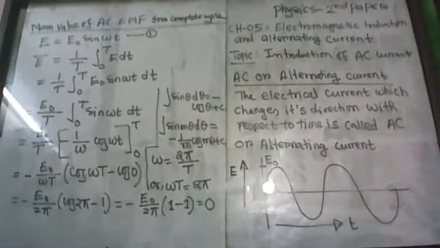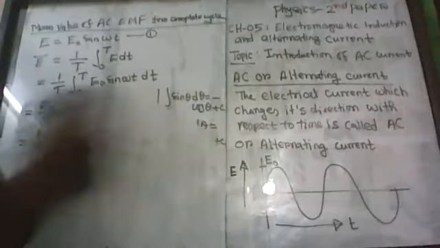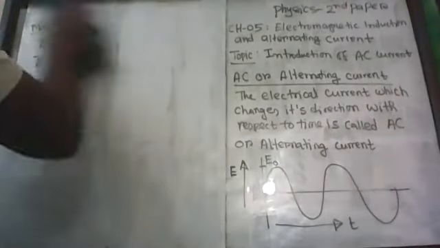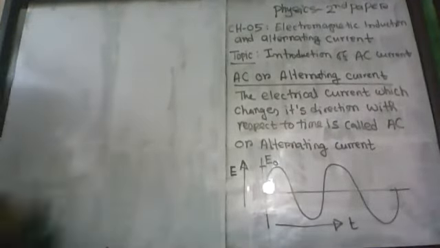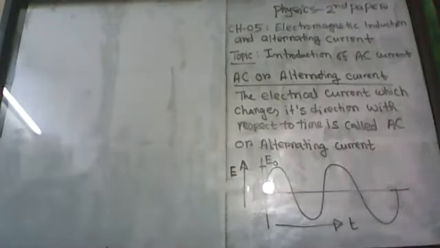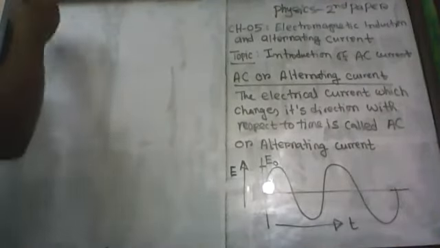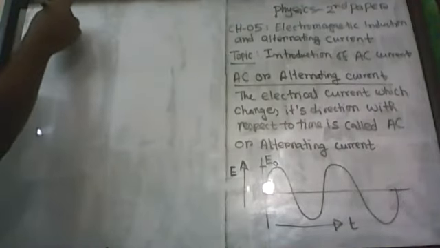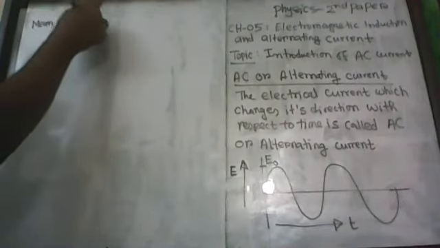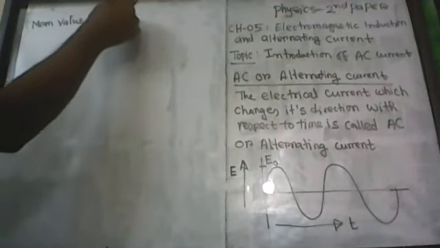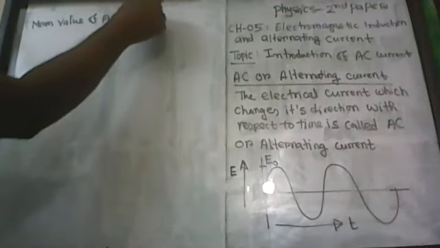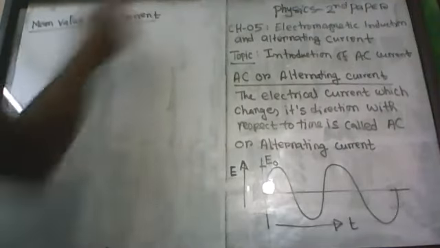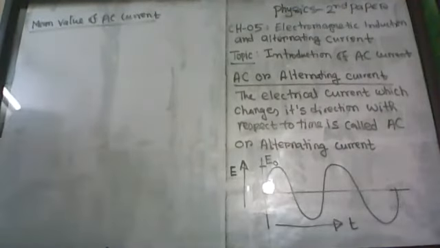In the next segment, I'm going to calculate the average value of AC current, the mean value of AC current. You see, boys and girls, the mean value of AC current.